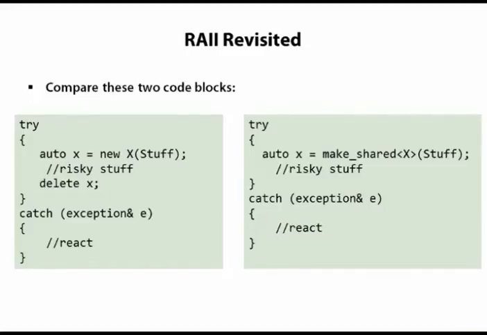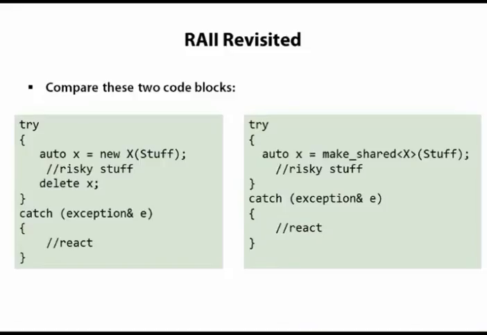Now we're using shared pointers. Make shared, I hope you remember, returns a shared pointer to, in this case, X. And I'm using auto because I don't feel like typing out shared pointer to X. I don't need to hand delete X at the end of my try block because the X now is not a pointer that can have delete called on it.